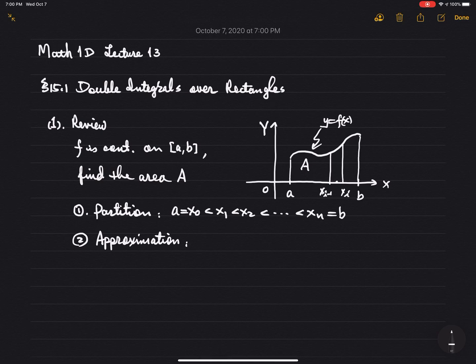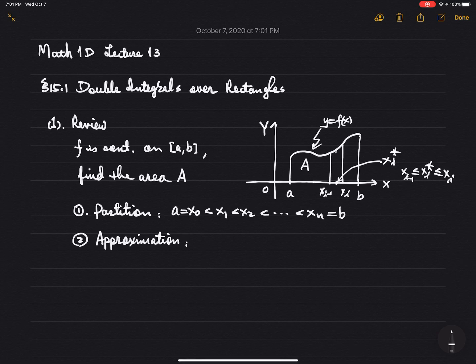We take a point here, we call this point x_i star. Now x_i star is greater than or equal to x_{i-1} and less than or equal to x_i.